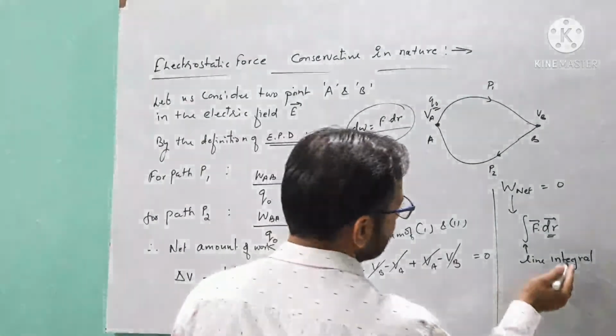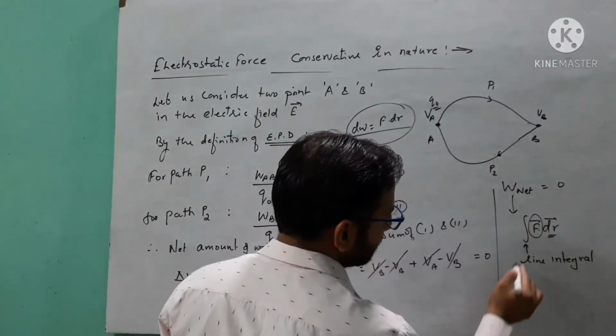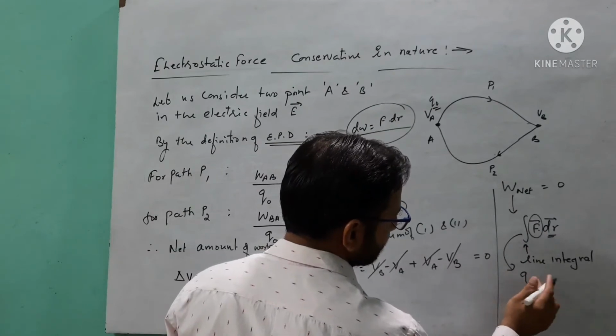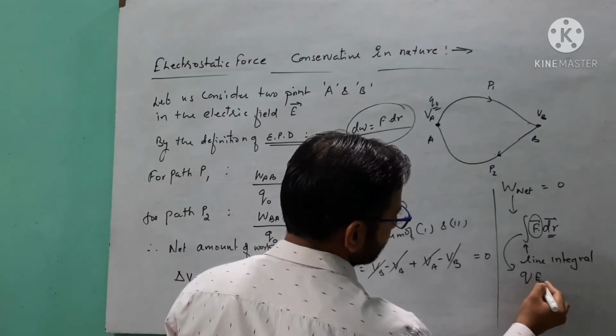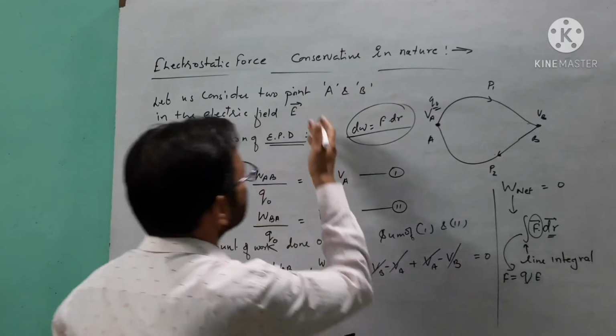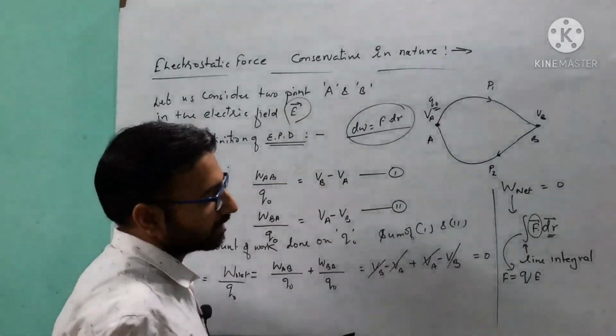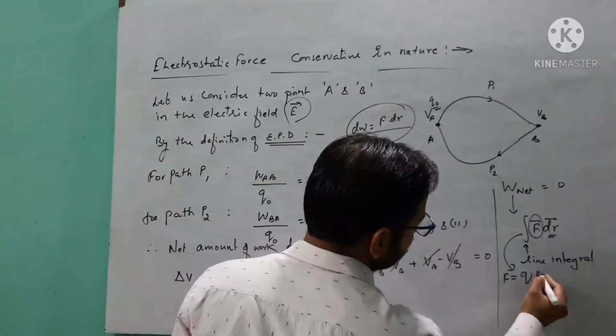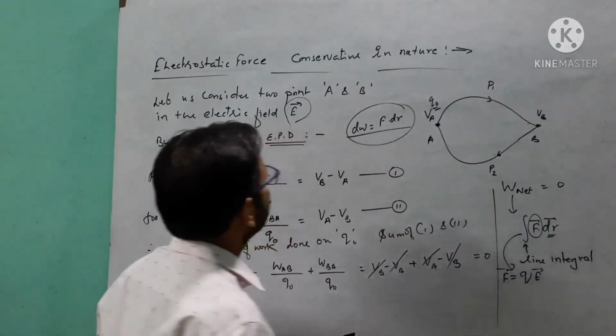And if we think about this electrostatic force in terms of electric field, why is it so? Because we are including the term electric field E. So we will write F is equal to Q into E, and the direction of both is the same.